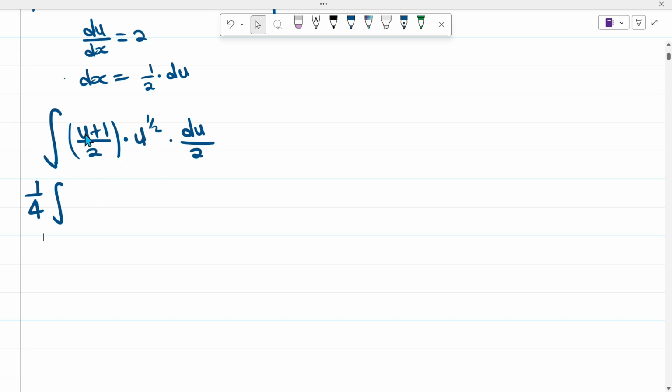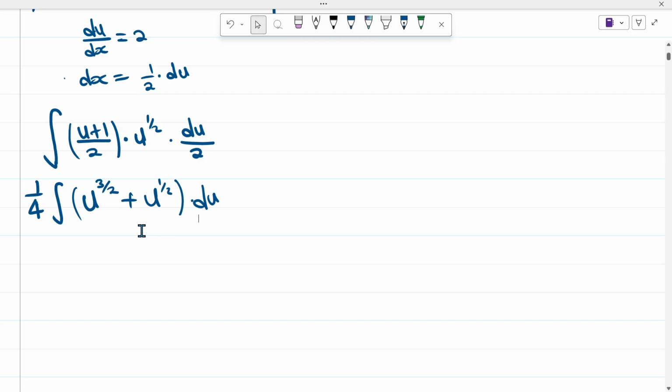And then U multiplies U to the power 1, that's going to be U to the power 1 plus half, that's your 3 over 2. Then we add U to the power half, and then you close, then that's your du. Now you can see that this is simple.